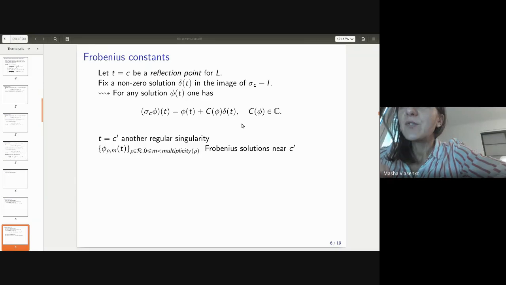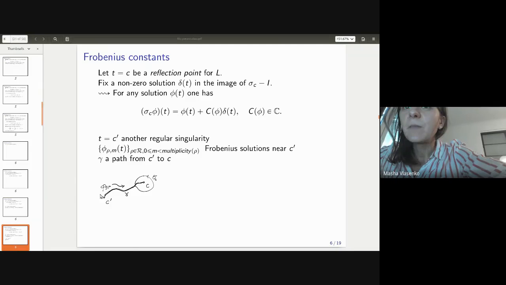Now, Frobenius constants, we define them as follows. We take another singularity, call it C prime. We consider the set of Frobenius solutions near that singularity. We fix a path from C prime to C, to the reflection point. And then we do analytic continuation of the Frobenius solutions along this path. And then we see how they change locally around the reflection point.